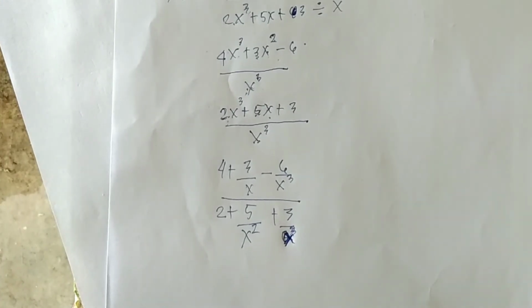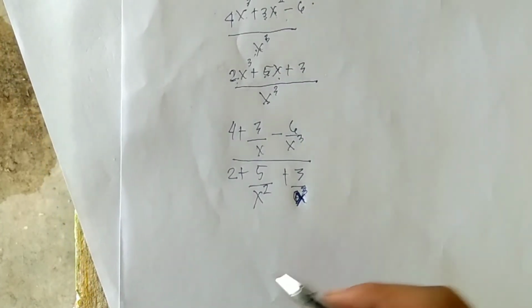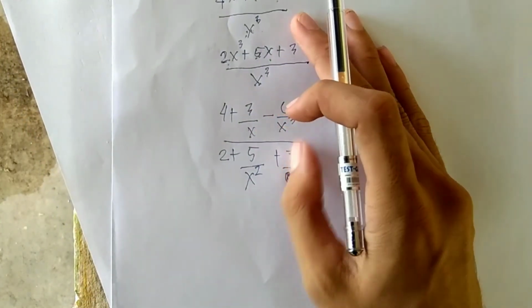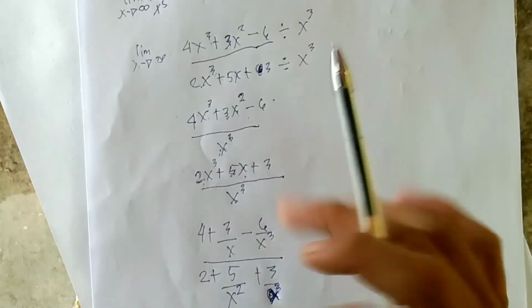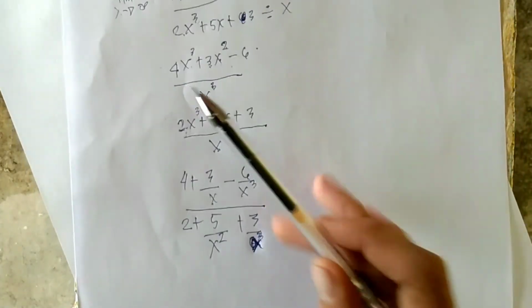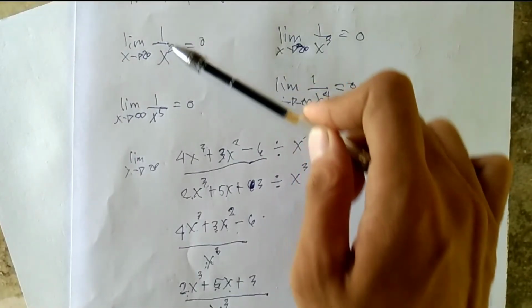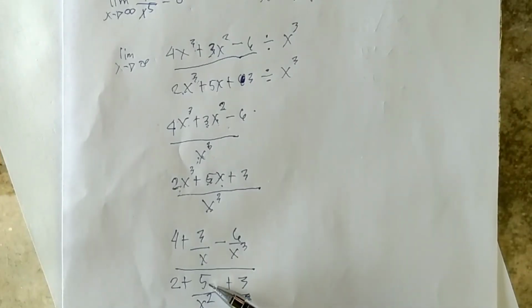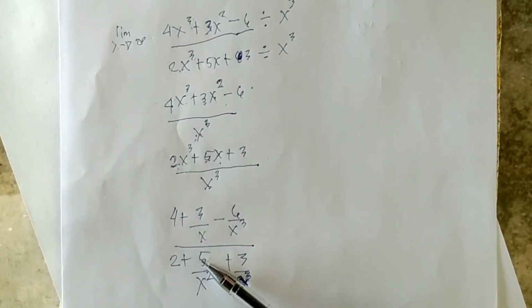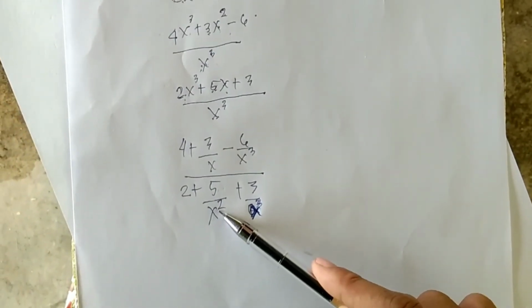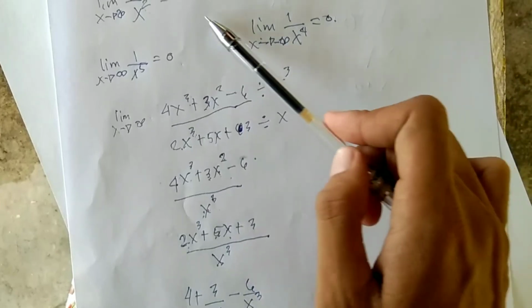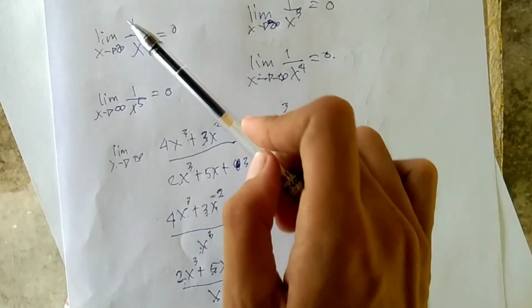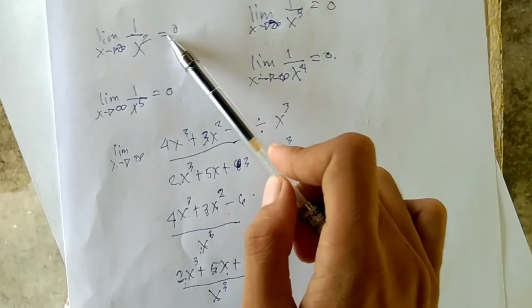So, the next move is to look at the illustration above. This is 1 all over x squared. This 5 all over x squared is the same, and the illustration says 1 all over x squared is equal to 0.